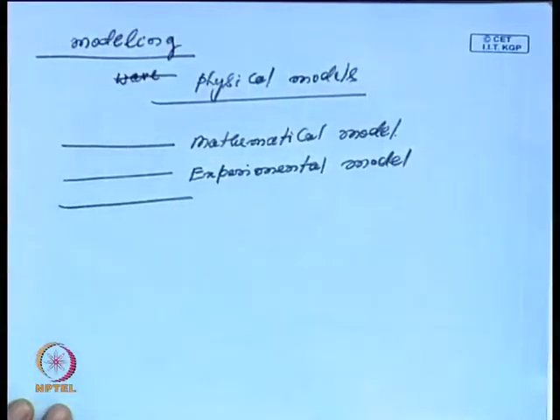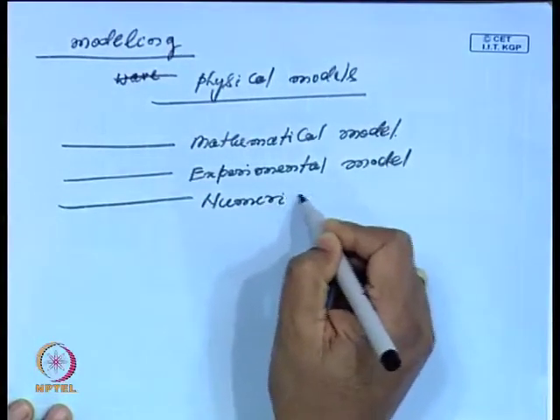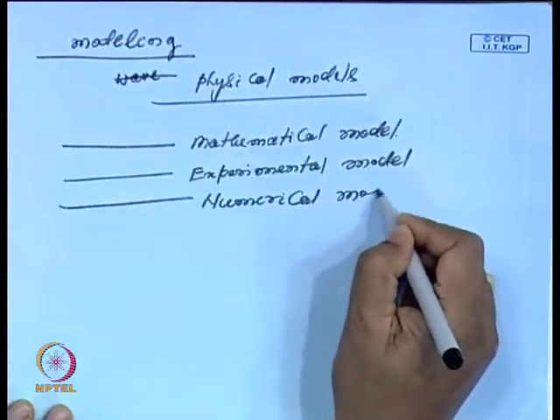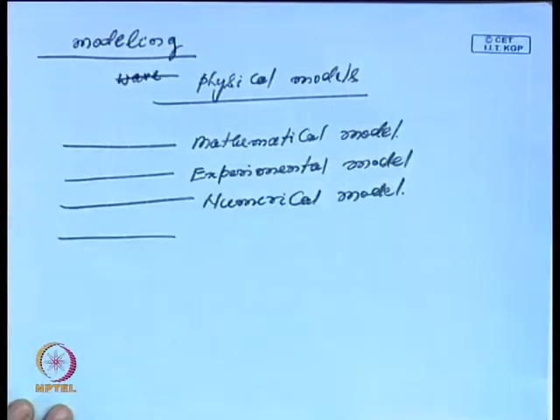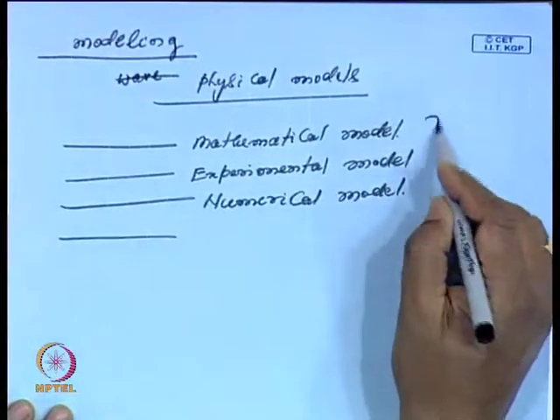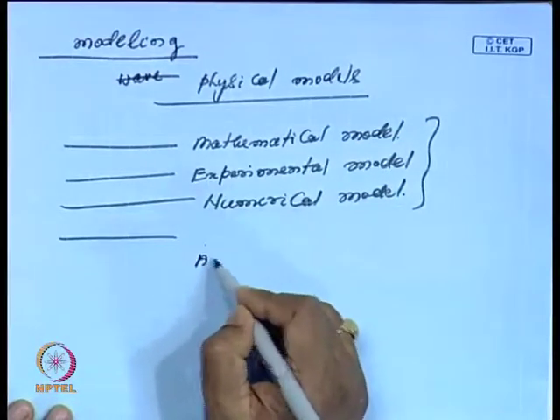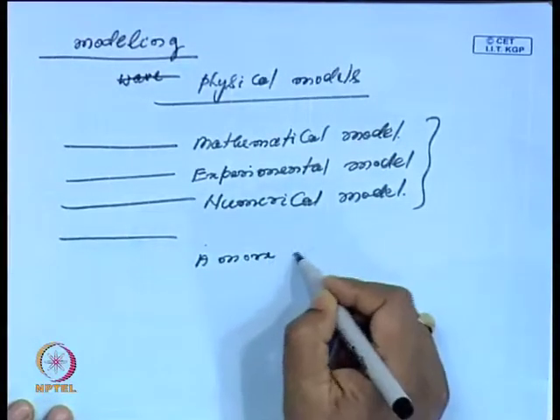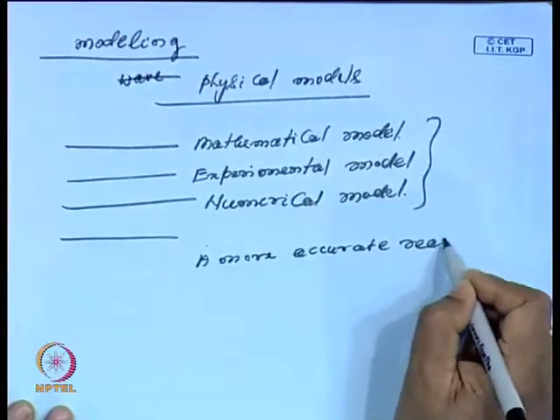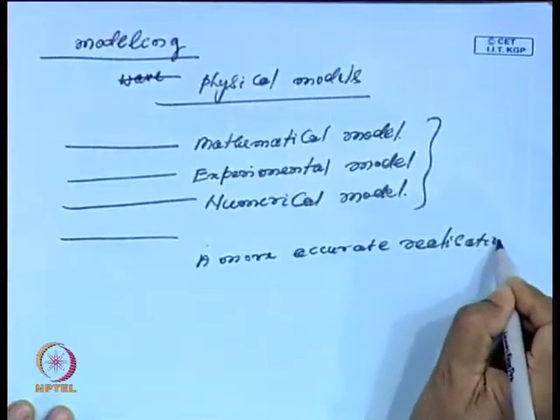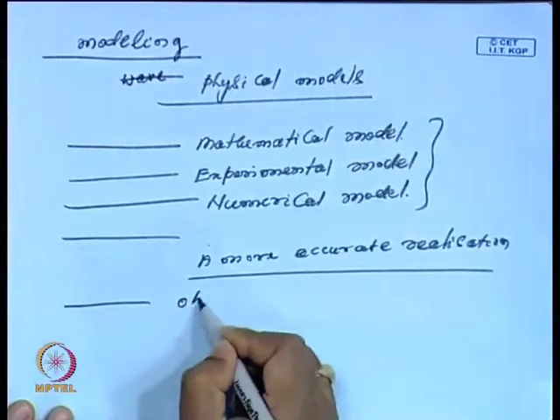So, what we always do is a numerical model; often we say numerical models. And then sometimes, when one has to get a more accurate realization of a model, we also have observational data analysis.